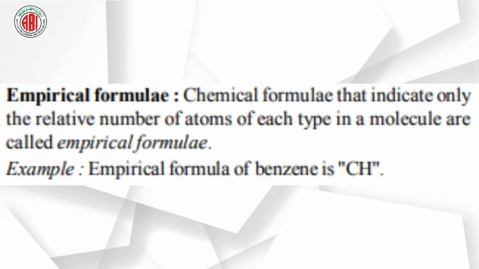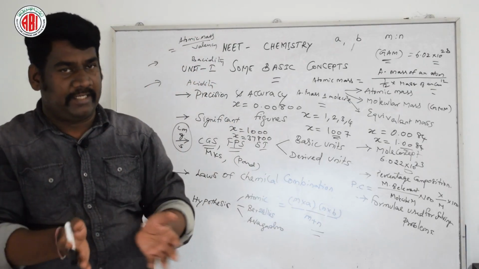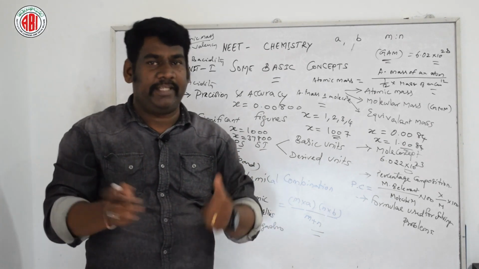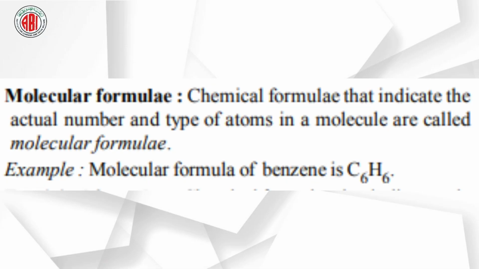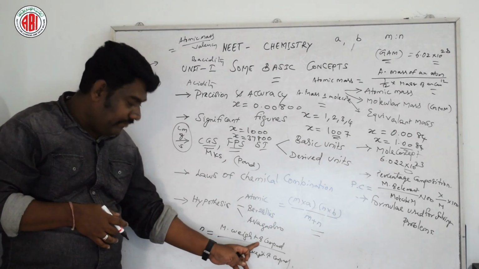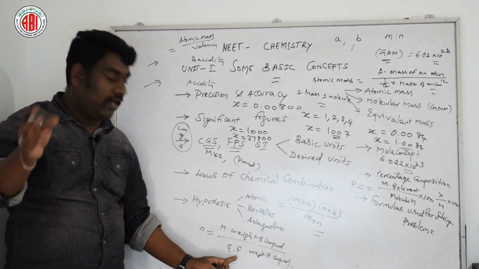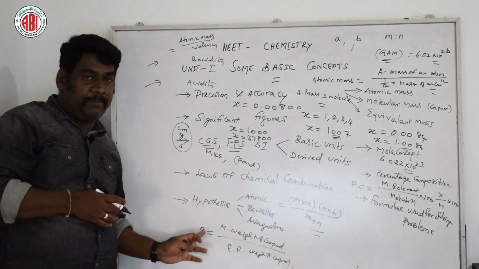The empirical formula is the simplest ratio form of the number of atoms, derived with respect to all the constituent atoms. That is called the empirical formula. Similarly, the molecular formula gives n into the empirical formula. Here n is considered to be the molecular weight of a compound by the empirical formula weight of the compound. That is the representation for n.